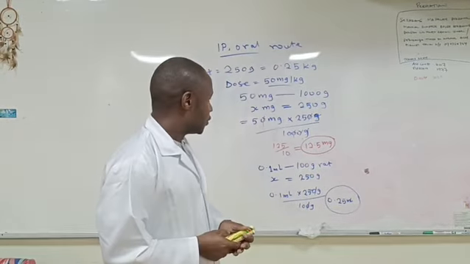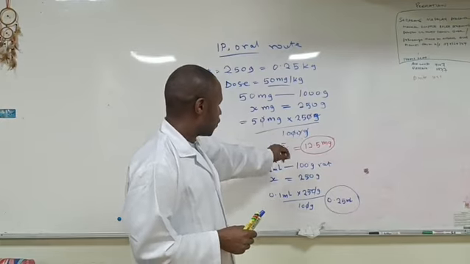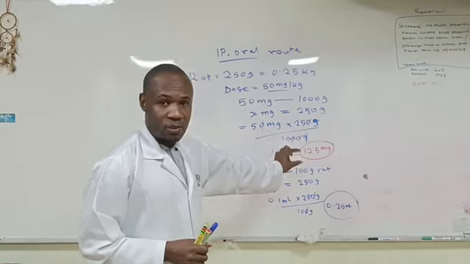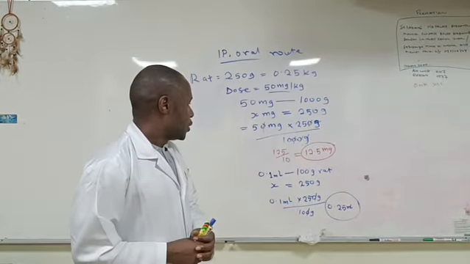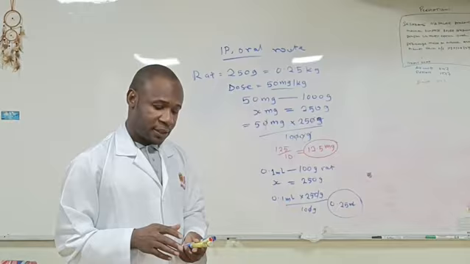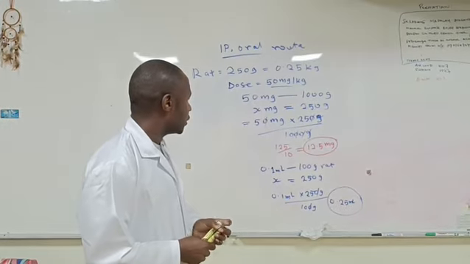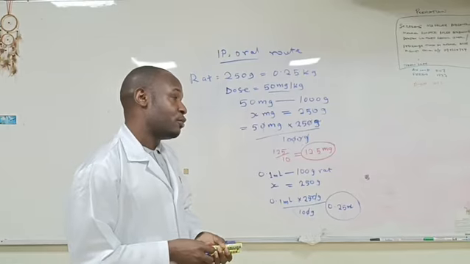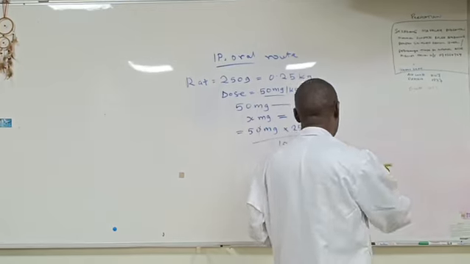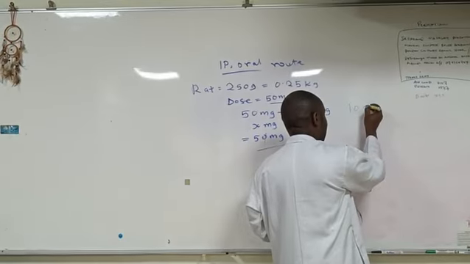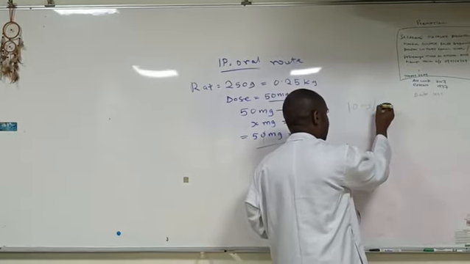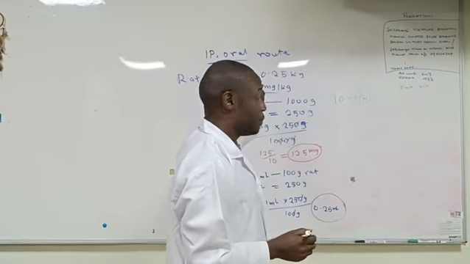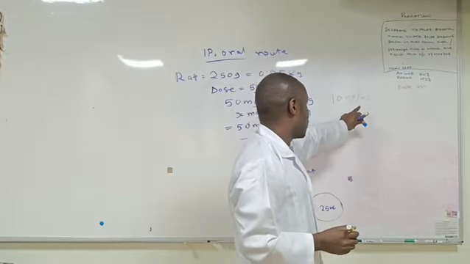For the oral administration, you can still use this one. We have already arrived at the amount of the drug that is needed to be administered to this particular rat. So now what remains is that you should be able to know the concentration you prepared. Assuming you prepared 10 milligram per ml, meaning you took 10 milligram of the powder, the drug, then you dissolve it in 1 ml.